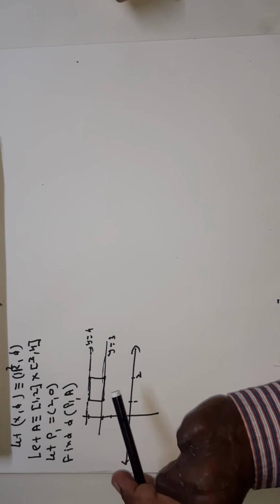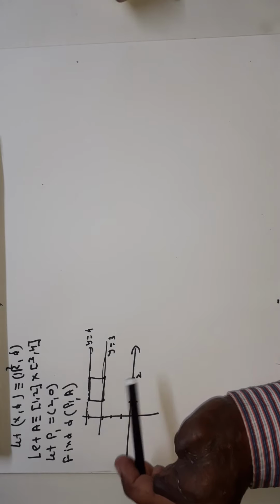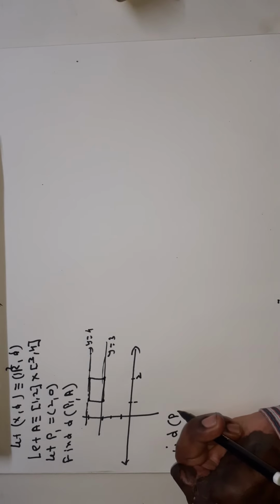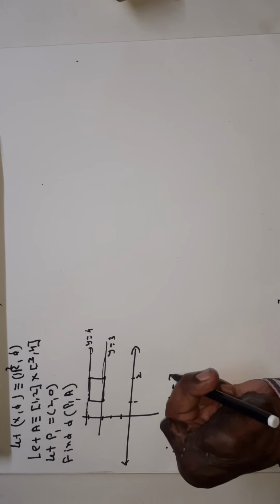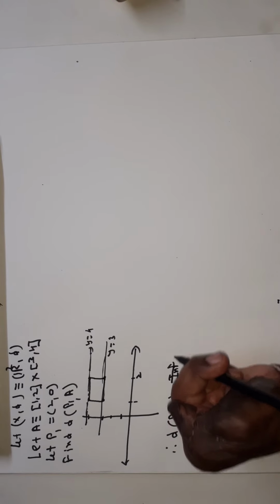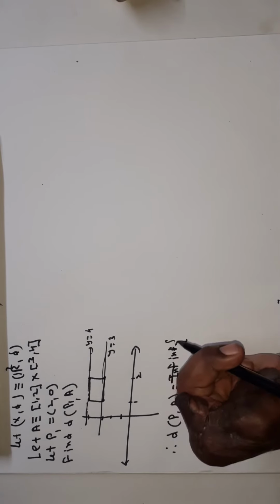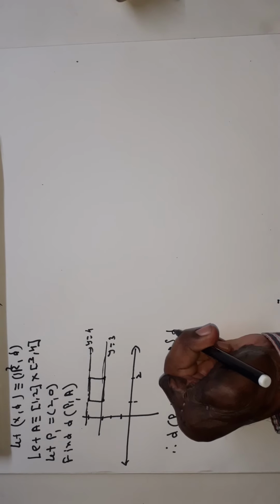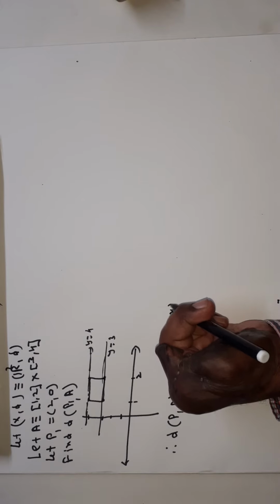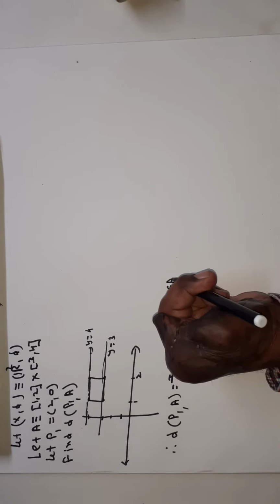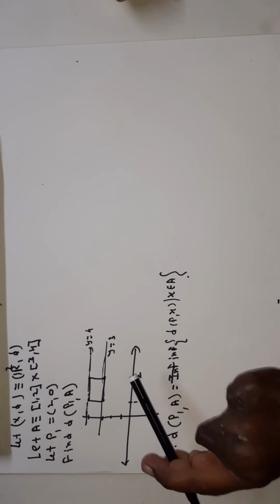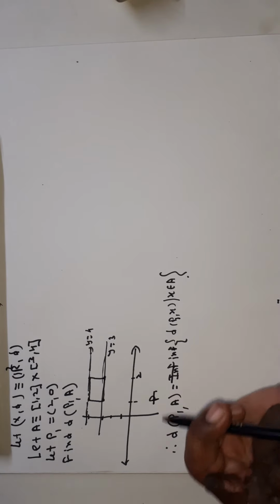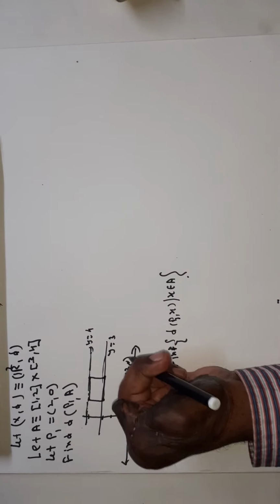Therefore, the least distance of the point (2, 0) from the set, therefore the distance between P1 and A, is equal to the infimum of the set of distances between P and x, such that x belongs to A. Actually P is P1, and P1 is the point (2, 0).